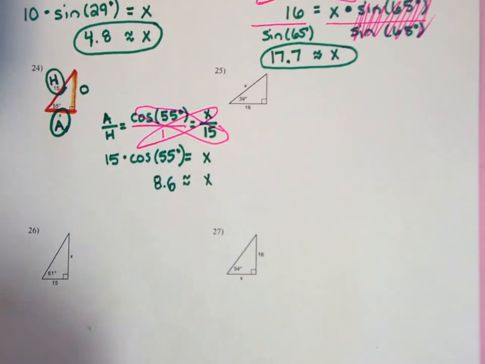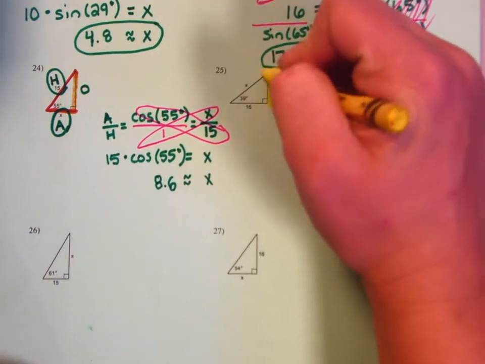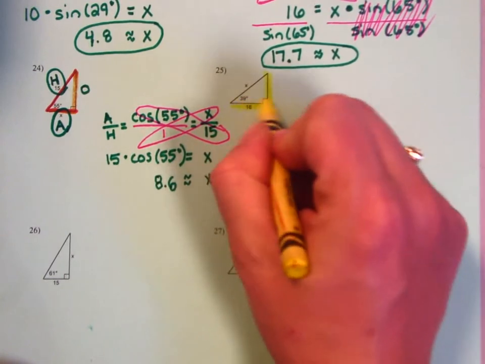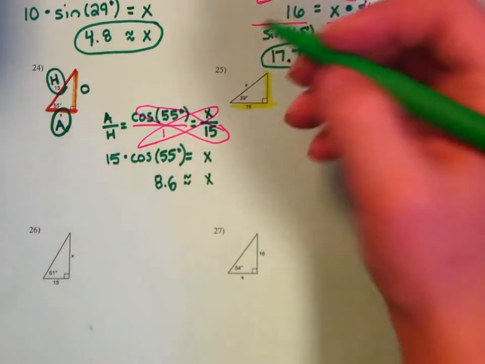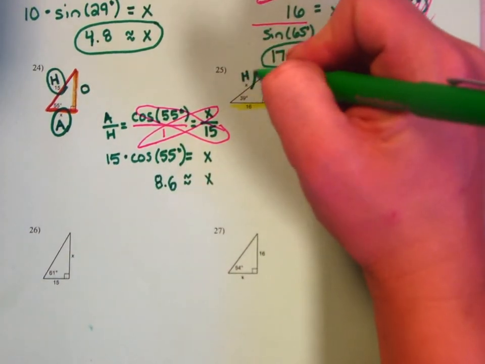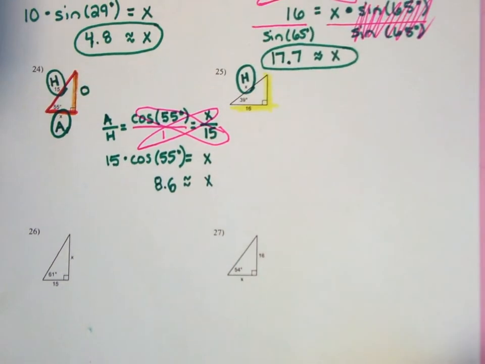Okay, for problem 25, once again, we start off by highlighting the two sides of our right angle in order to determine our hypotenuse. So shading this tells me that my hypotenuse is how much? X. I have information about it, so I circled it.